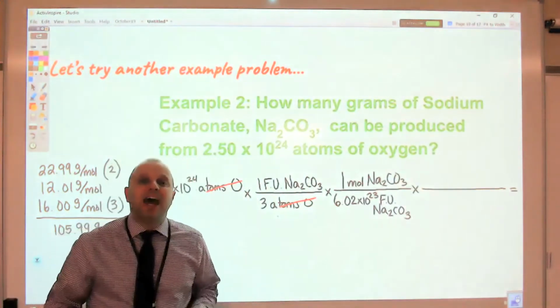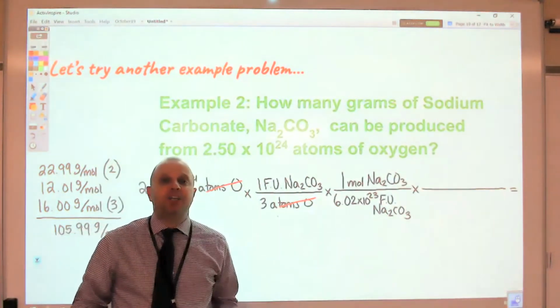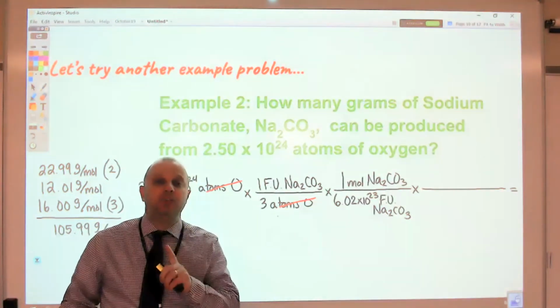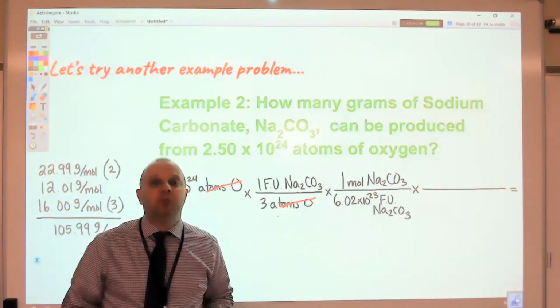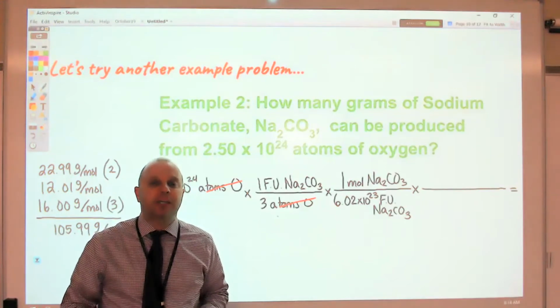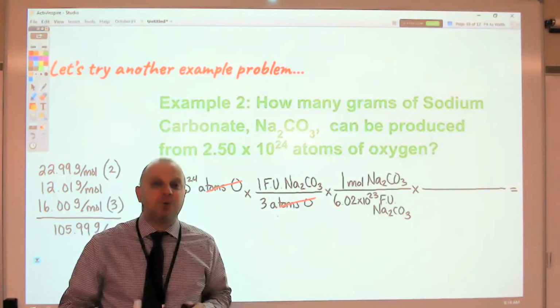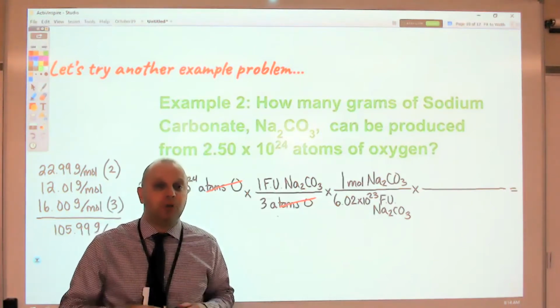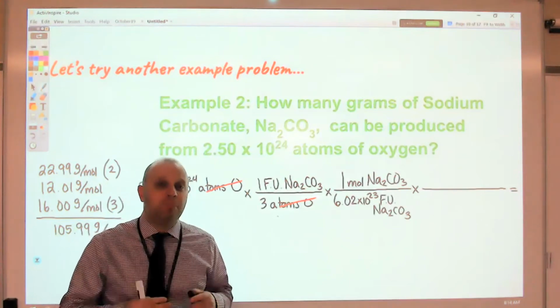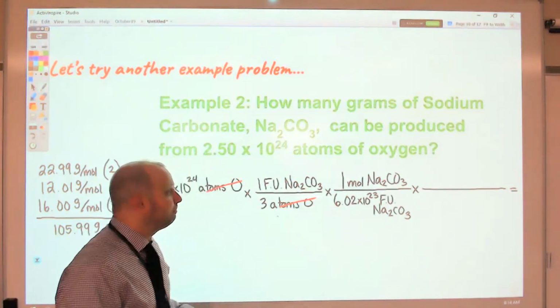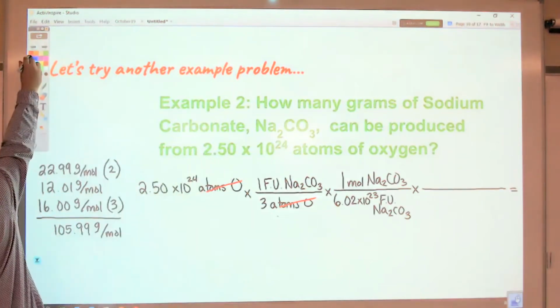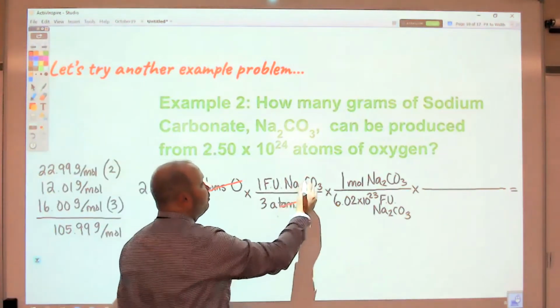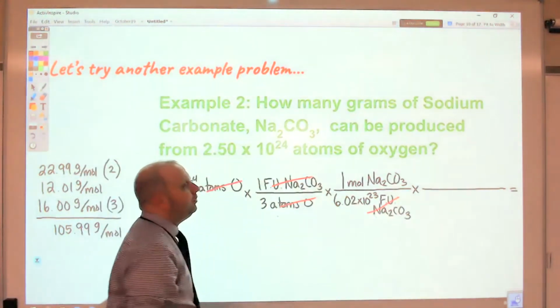Anytime we are using moles as part of a conversion factor, it's always going to be 1. Later in the year, that will change when we start looking at balanced equations. But for today and for the next couple of weeks, anytime that we're converting to or from moles, we're going to use 1 mole per number of particles or 1 mole per number of grams. This allows me to cross out my units of formula units.